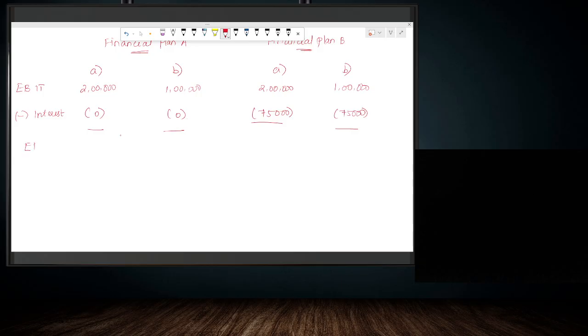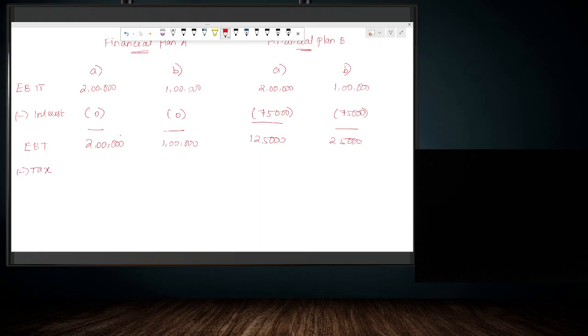So EBT under financial plan A, in situation A it is 2 lakh and situation B it is 1 lakh. Under plan B, what is the EBT? 1,25,000 and 25,000.